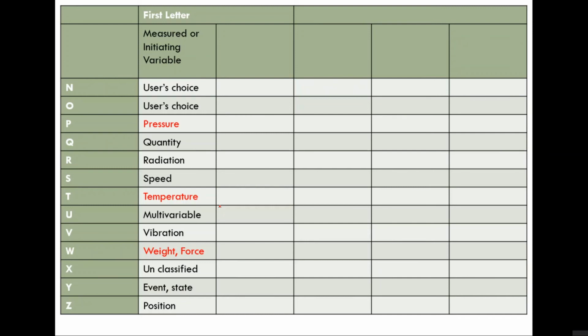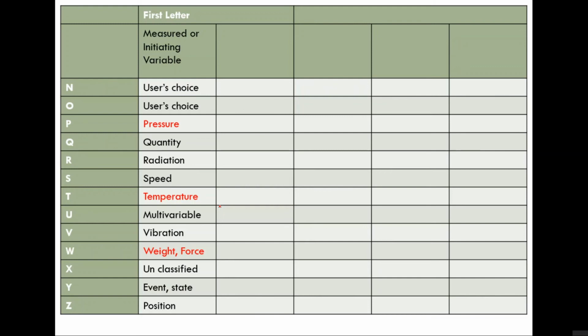Okay. So W for weight and force. We can't use F for force. We already assigned F for flow rate. So W for weight and force. Please remember that. X is unclassified. Y for event or state.